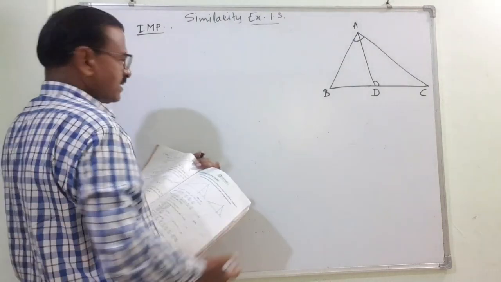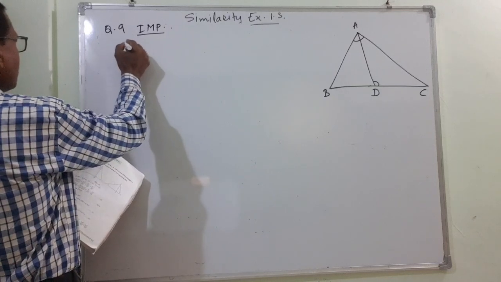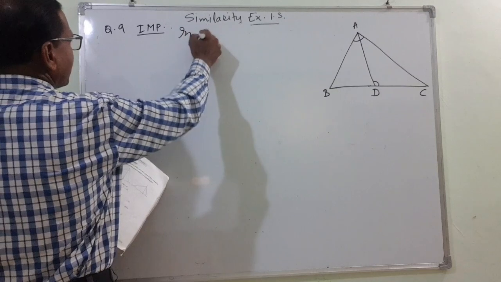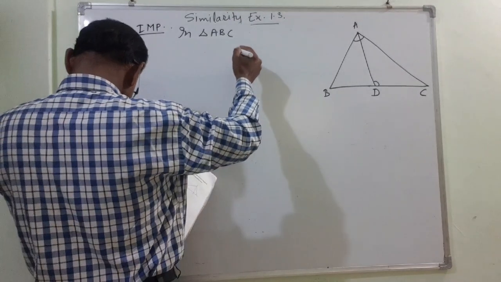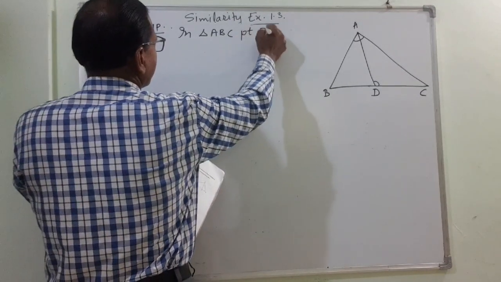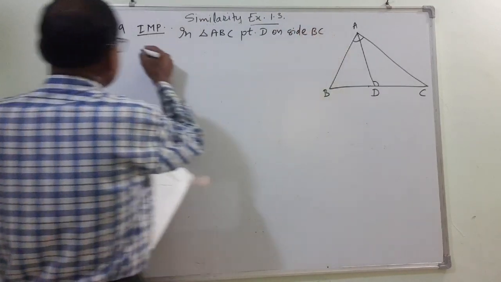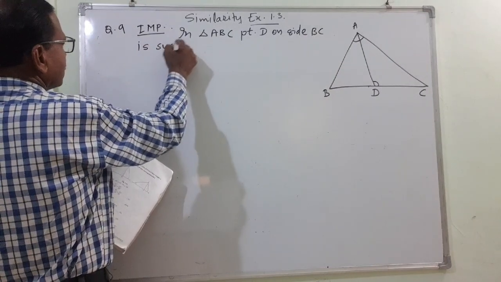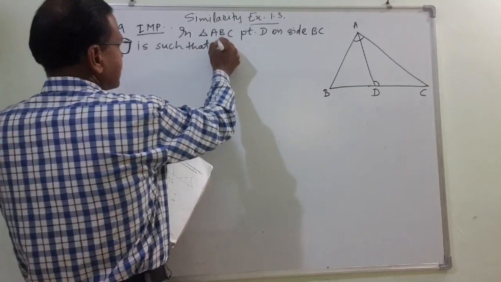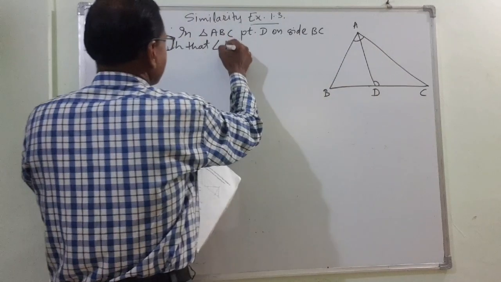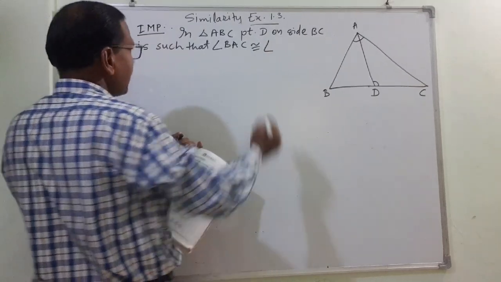D is a point on the figure such that, in triangle ABC, what is that question that I will write? In triangle ABC, point D on the side BC is such that angle BAC is congruent to angle ADC.